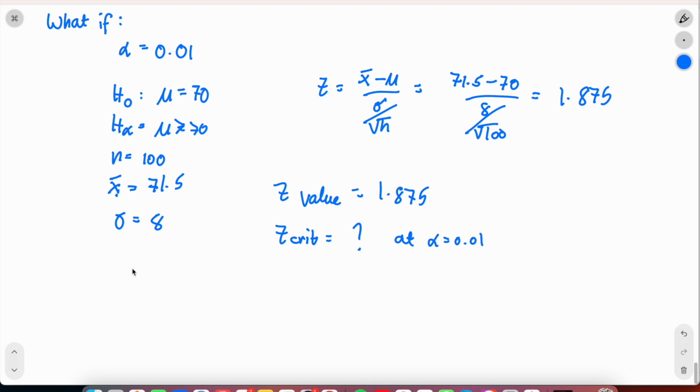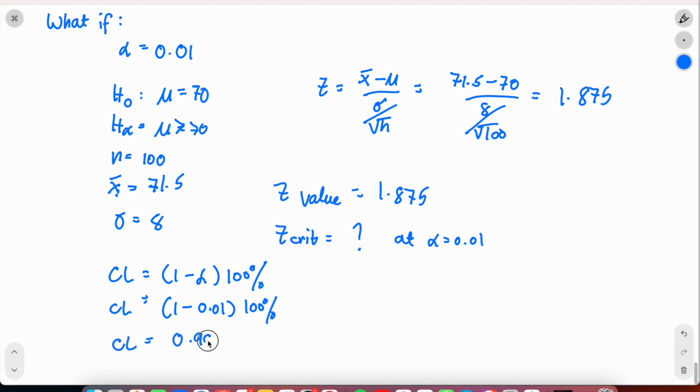So we know that confidence level is 1 minus alpha times 100%. And then we have 1 minus 0.01 times 100%. Therefore, CL is 0.99, or 99%.